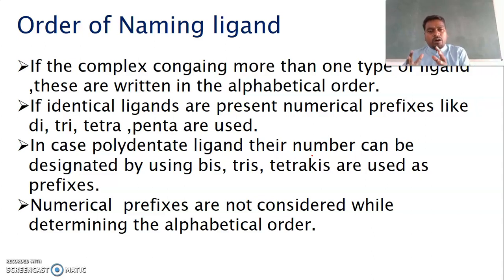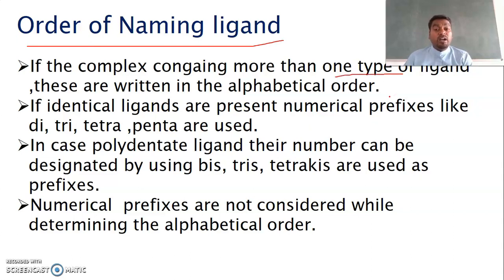The rules we follow for coordination compounds are somewhat similar to the rules followed in organic chemistry. So, the order of naming ligands: if the complex contains more than one type of ligand, for example chloro and amino ligands, we arrange them in alphabetical order.